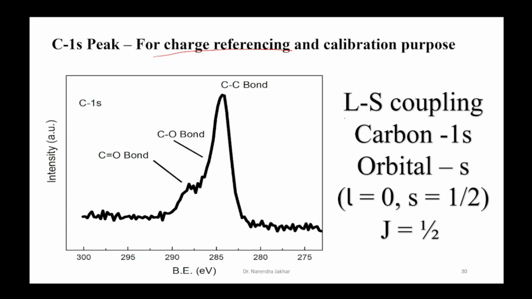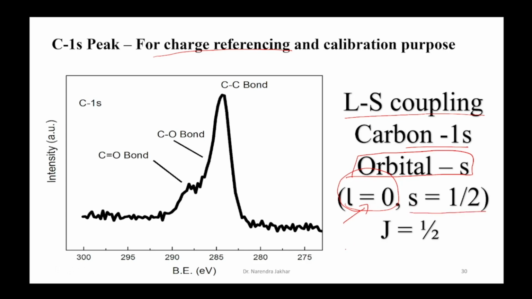Because of spin orbit interaction. For the carbon 1s, the electron lies in the s orbital, for which the orbital angular quantum number is zero and the spin quantum number is half.